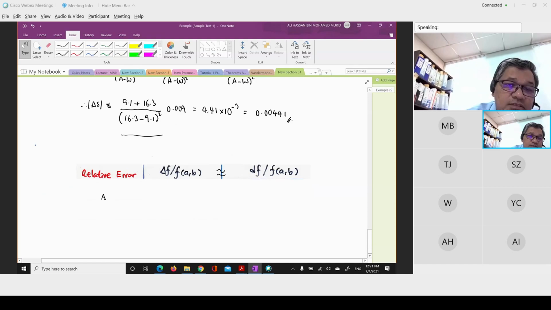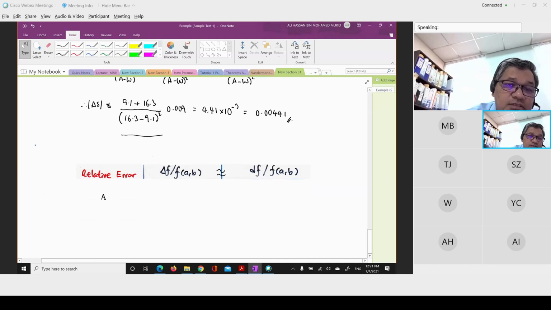Suppose we are interested in the percentage error. Then we use this formula. We just multiply the previous result by 100.